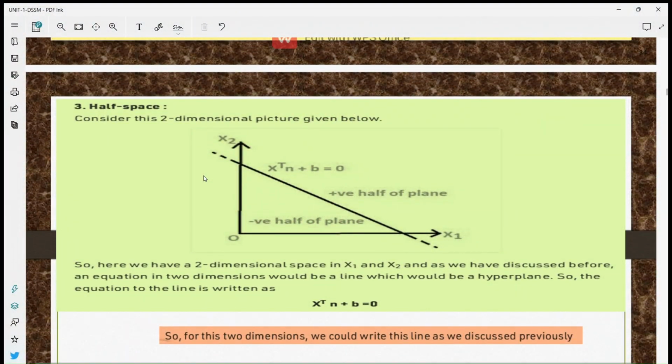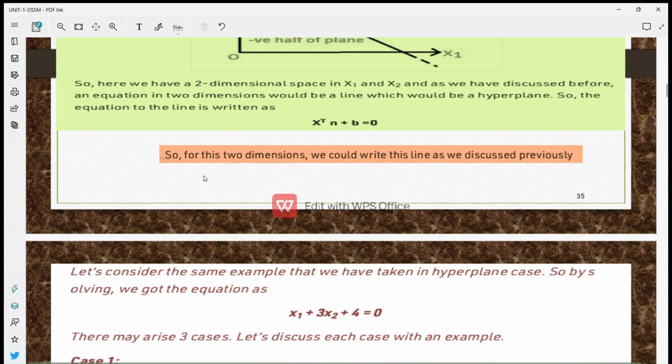So, as we discussed on the board itself, see here, I assume that this is the equation of the line. If it is greater than 0, it is in the positive half plane or half space. If it is less than 0, it is in the negative space. Okay, so this is the detailed description of it. Now, for these two dimensions, we could write this line as we discussed previously.